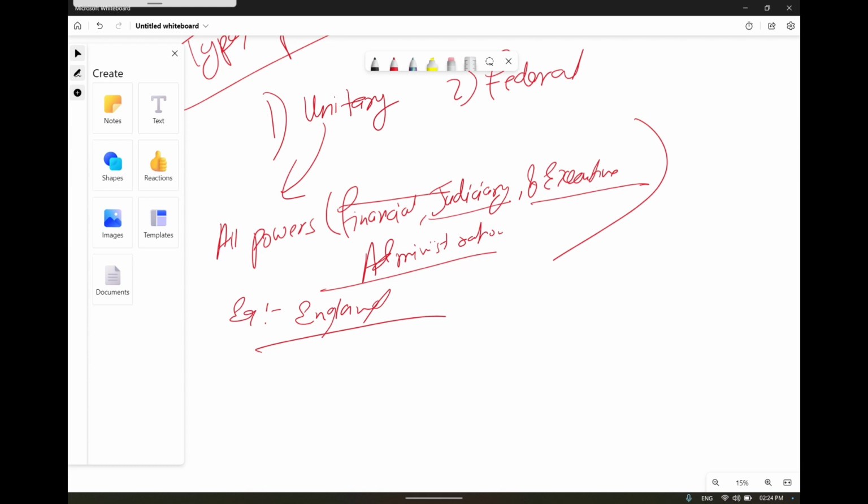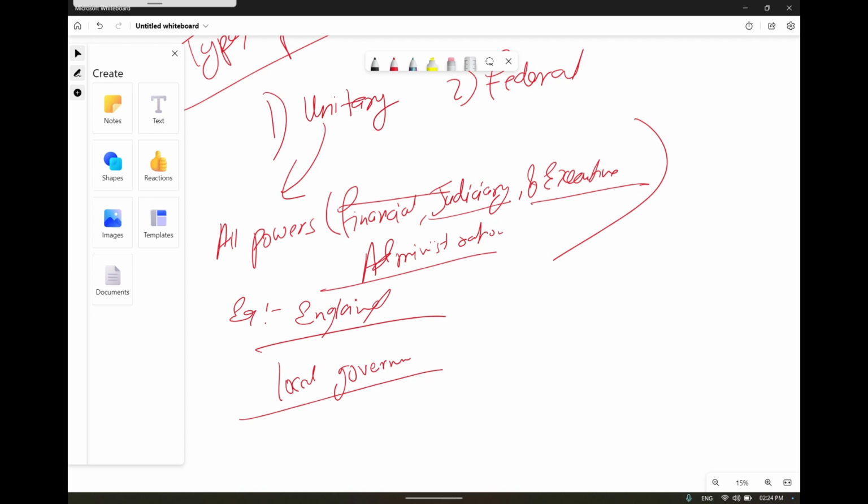Powers like legislative, judiciary and executive may be given to the local government, but these are the powers of the center and they can snatch them anytime. So in a unitary government, all the power is centralized, and it doesn't mean there won't be power for the local government. Power will be given to the local government as well, but that power is the power of the central government, and they have the right to snatch it anytime. It is just that I am giving my power to you to exercise on my behalf, because one person can't see all the things around them.